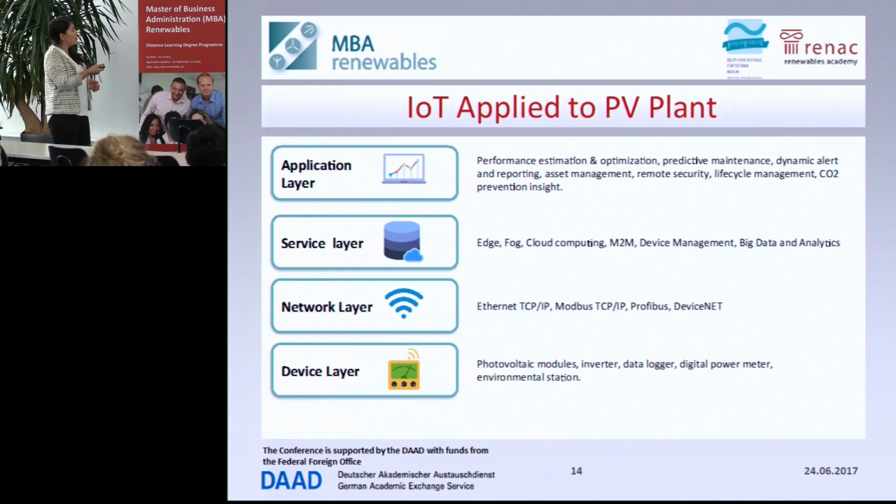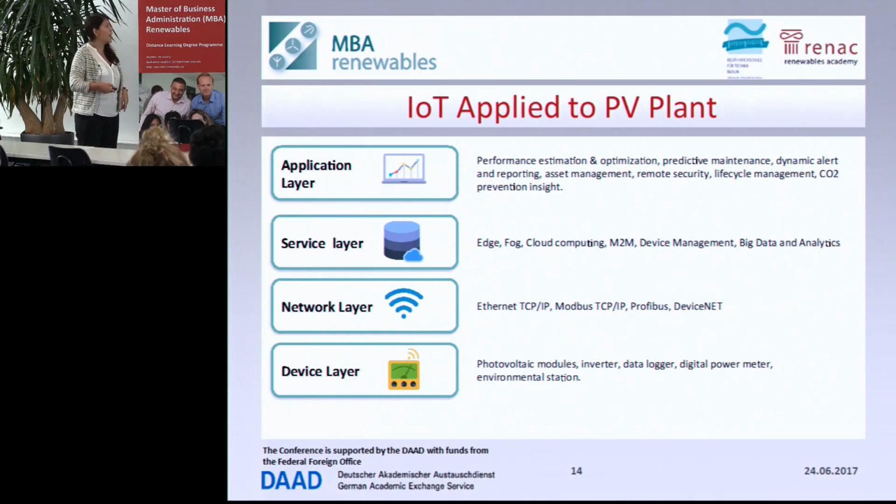And one thing here is in the service layer, we have not only analytics, but also big data, because we can have the data not only every 10 minutes, we can have the data every second. But as you may understand, having this data is also challenging because we need larger hardware and software.